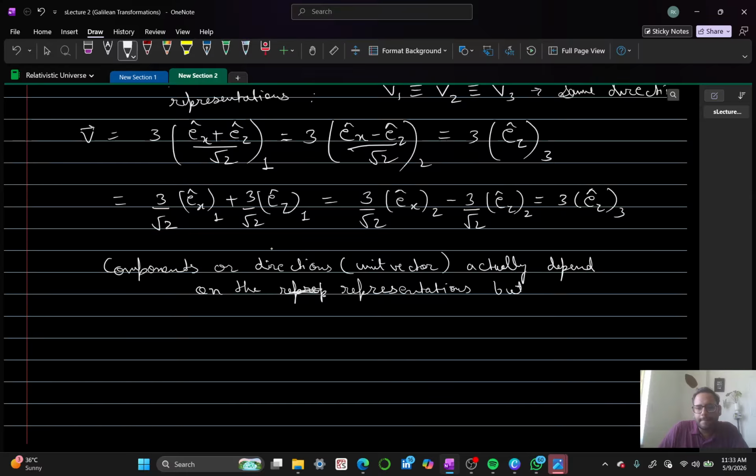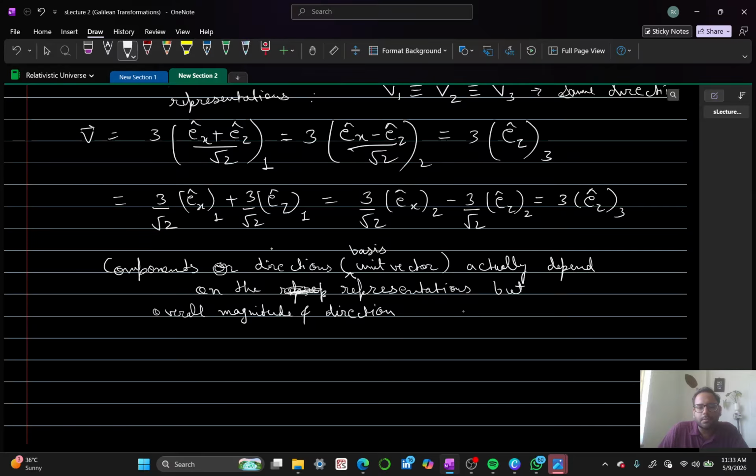But the overall magnitude of a vector and its direction, these are also basis. We can call it basis. This direction is not actually the basis one.